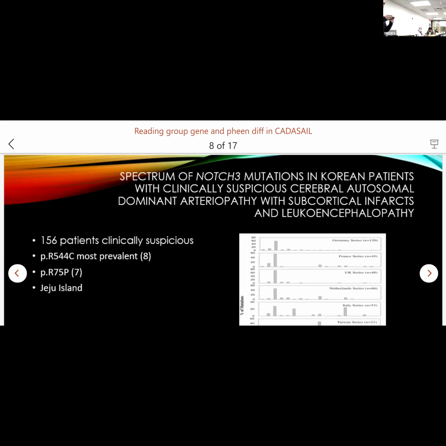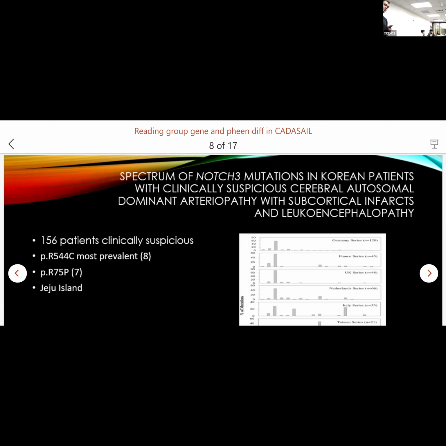Okay, and the next study I'm going to refer to is a Korean study of the spectrum of NOTCH3 mutations in Korean patients with clinically suspicious cerebral autosomal dominant arteriopathy with subcortical infarcts and leukoencephalopathy.